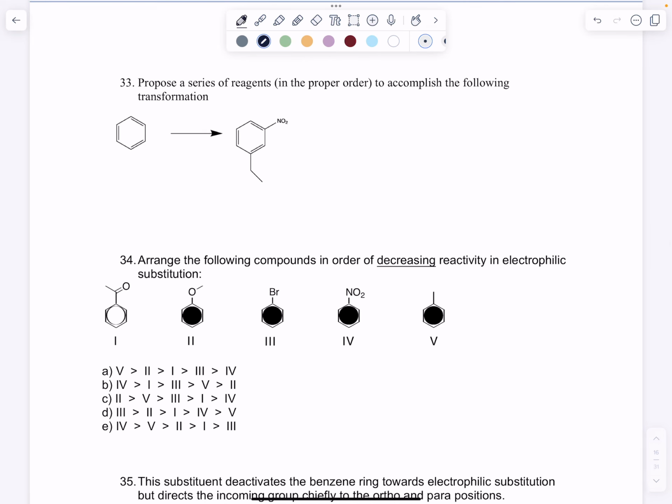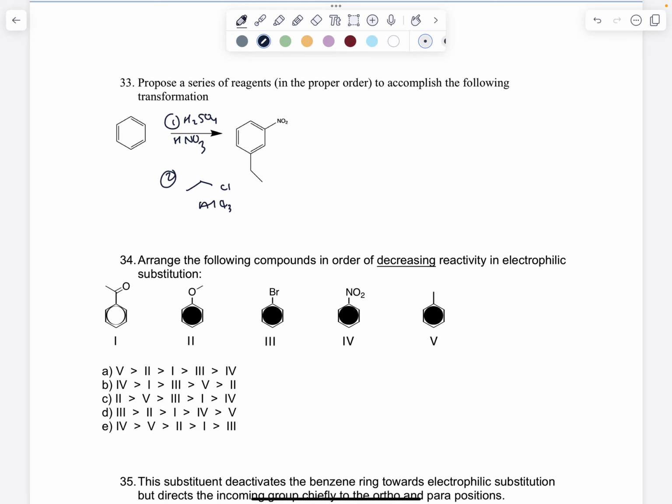Propose a series of reagents to accomplish the following transformation. We've done a very similar one to this recently. But essentially, you could first do the nitration and get the nitro group, and then you could then do, in theory, something like this. But that wouldn't work well because your carbocation would likely rearrange.